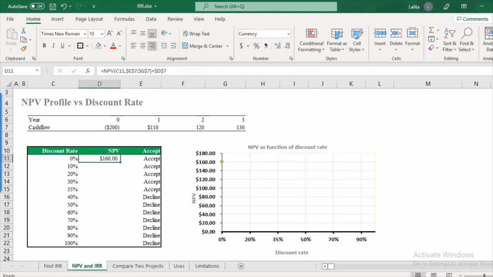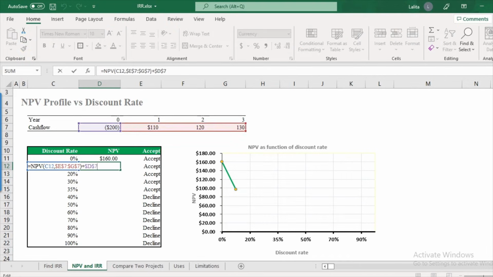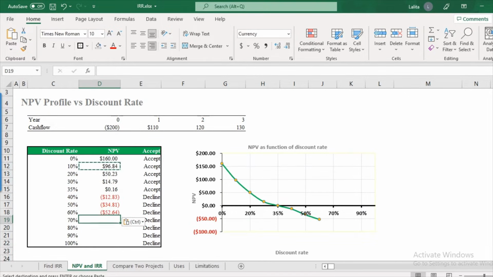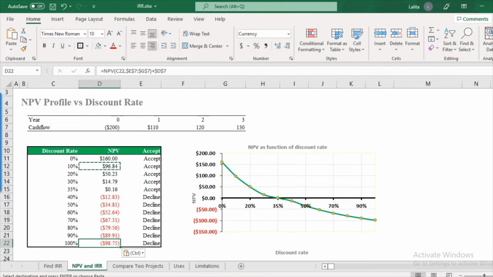Okay, so now let me just copy and paste the NPV. As you can see here, the NPV for 10% is recalculated here, right? And as we do that, the graph gets slowly plotted on the right hand side as well. So let me do that quickly. As we move from top to bottom, you can see that the NPV was positive initially, but it is now negative at 100%.